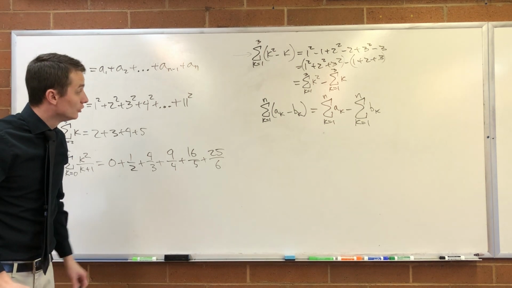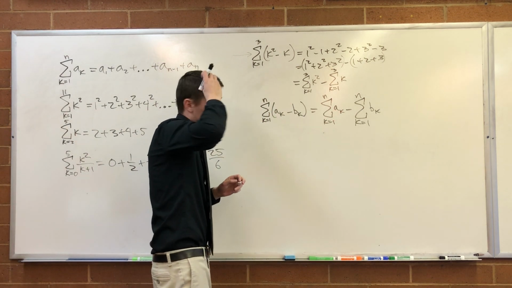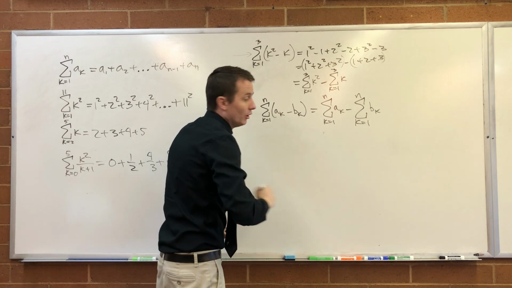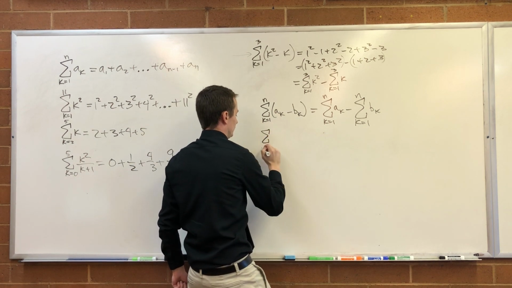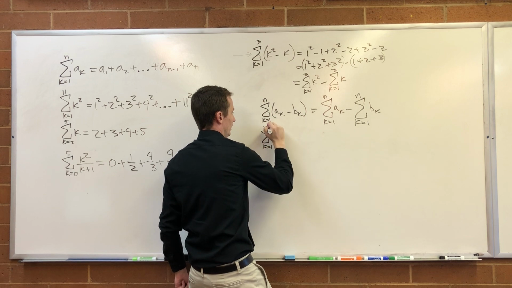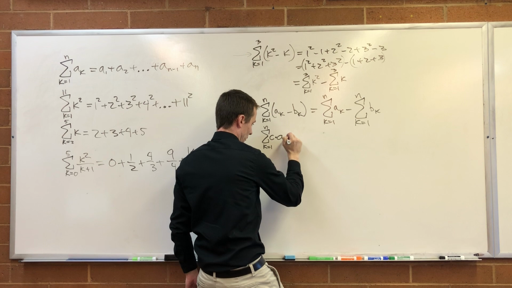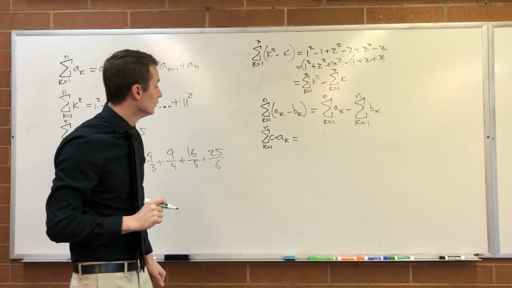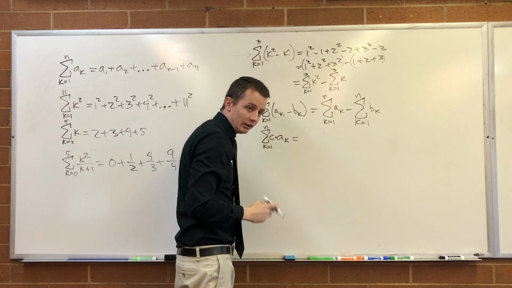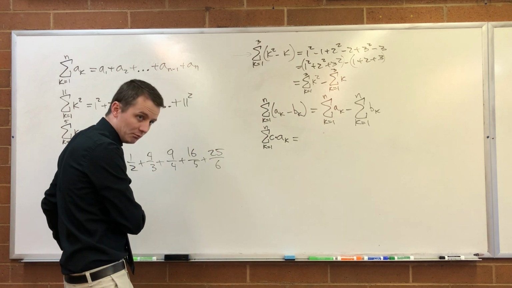Let's look at 2 more things. So we saw the plus. Let's think about what happens with a constant. What would happen if I did the sum from k equals 1 to n of some constant c times a sub k? Then it's just c times a1, c times a2, c times a3, and so forth. And then I can factor out all those c's from the sum.